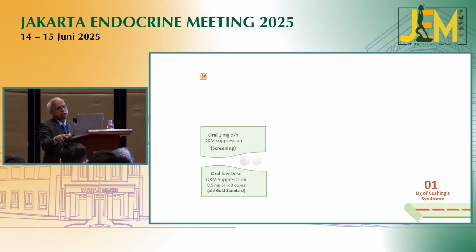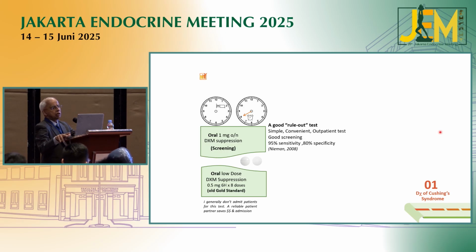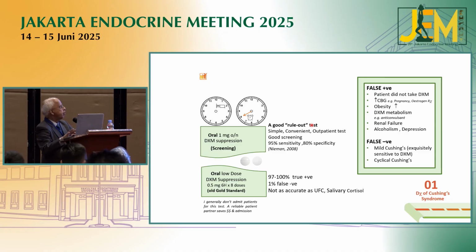Very quickly to touch on this, the oral 1 milligram dexamethasone screening test, good screening test, but a better test, the old gold standard, is to do a low dose 0.5 milligram 6-hourly test. So that's a good rule out test. You're not sure, you do the test, negative, you say unlikely Cushing's. There are false positives, there are false negatives. It is worth knowing it.